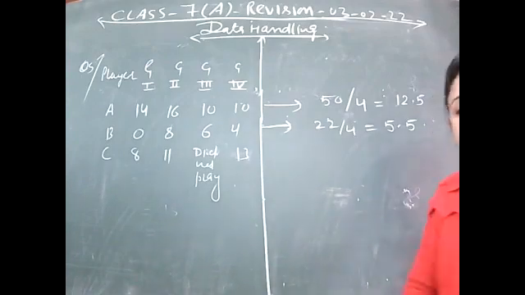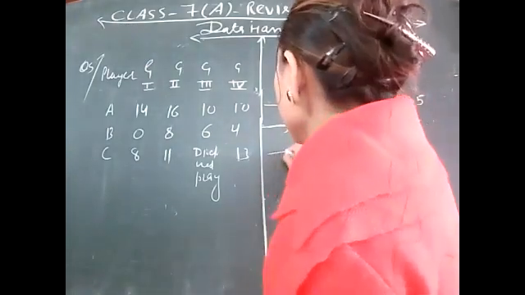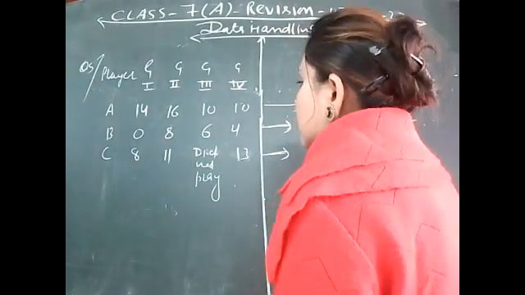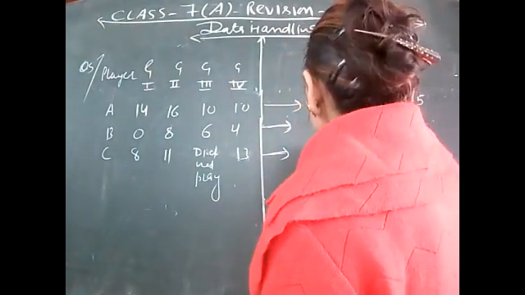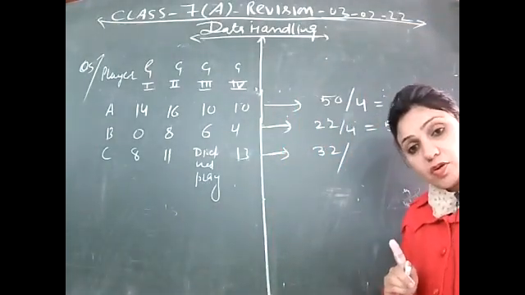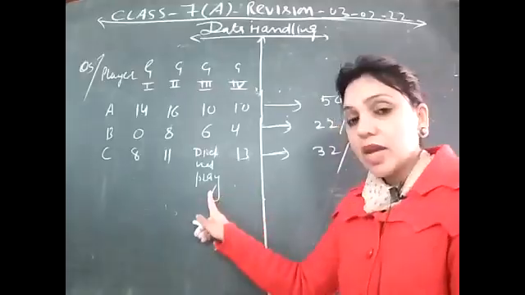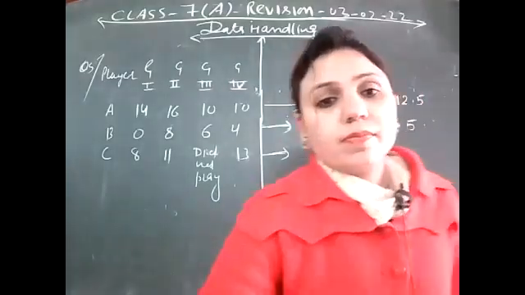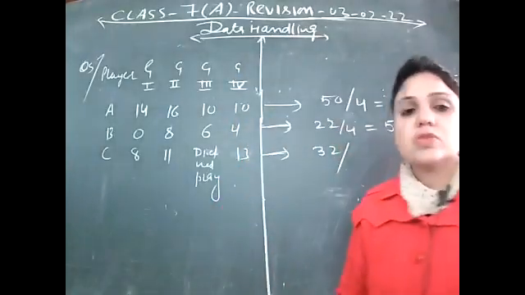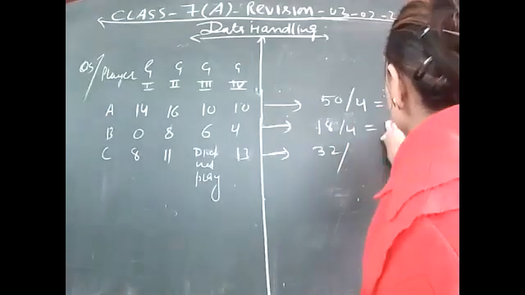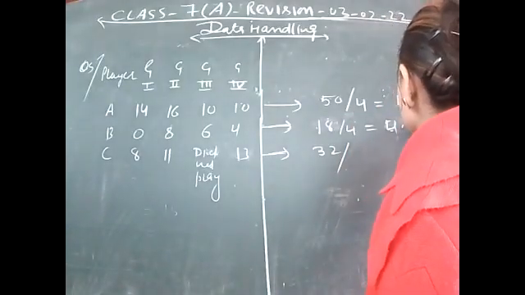What about C's average? When we are finding the average of C and doing the total, this will be 32. Now, when you have to divide, you need to divide it by 3. Why so? Because in one game C has not participated. Oh, sorry, it will be 18. This is 4.5.